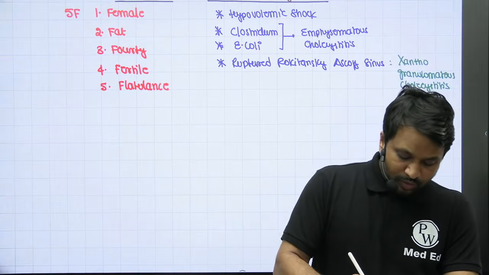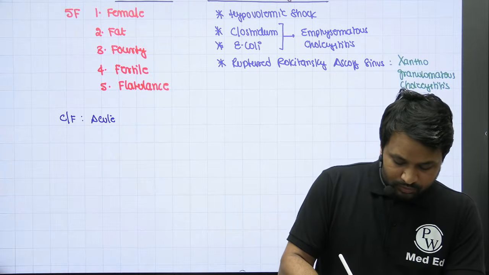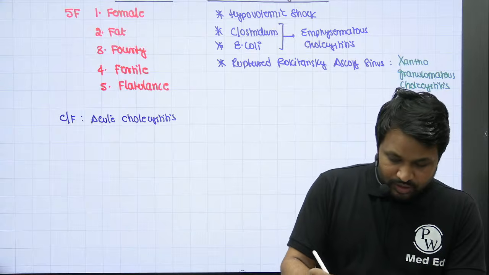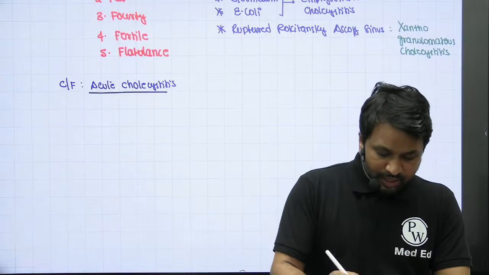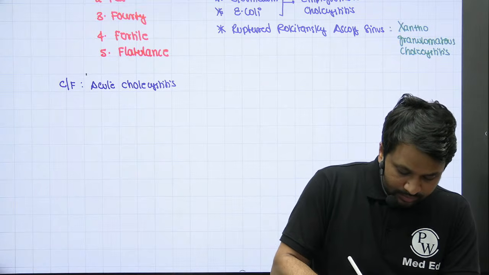So how does a patient of acute cholecystitis present to you? The clinical features of acute cholecystitis. See, there's a triad for acute cholecystitis, right? So try to understand what is the triad.